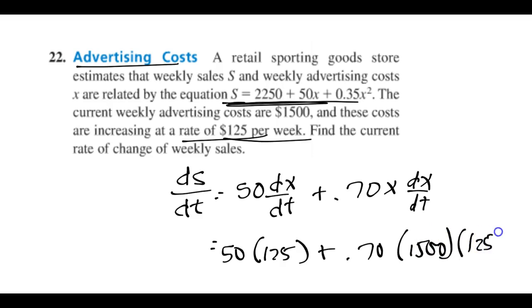I'm just picking the numbers off of this problem up here. This 1500 is the x value, and we knew that dx/dt is still 125. So see if you can't number crunch that.